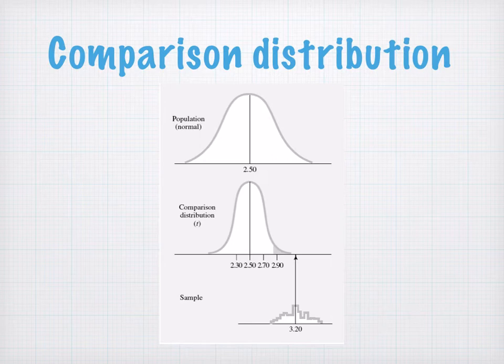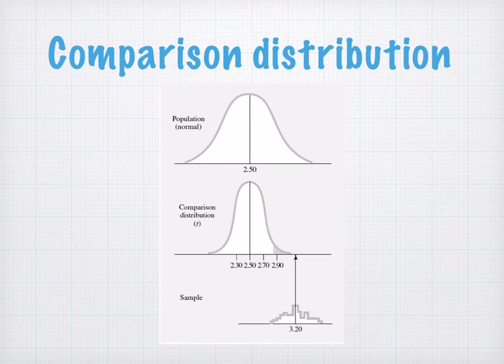What are the chances of us getting this score? Here in this example, this 3.2 is way off in the tails. And so we'd be able to reject the null in this example because our sample mean is very high compared to the distribution that we're looking at for this population and this comparison distribution.